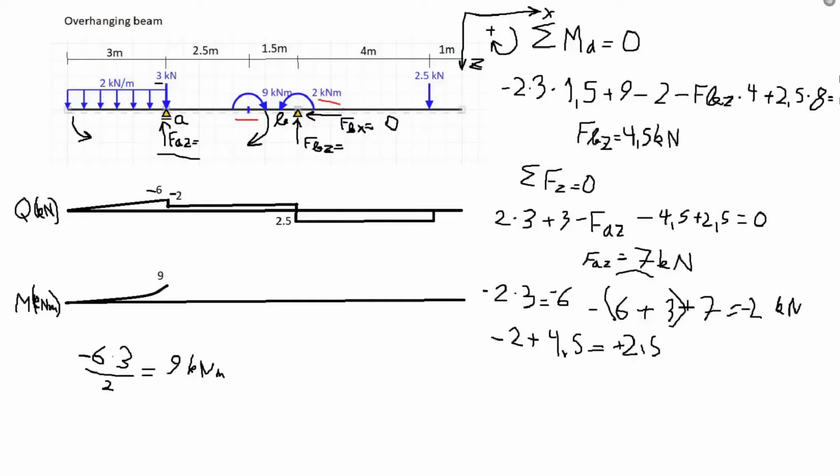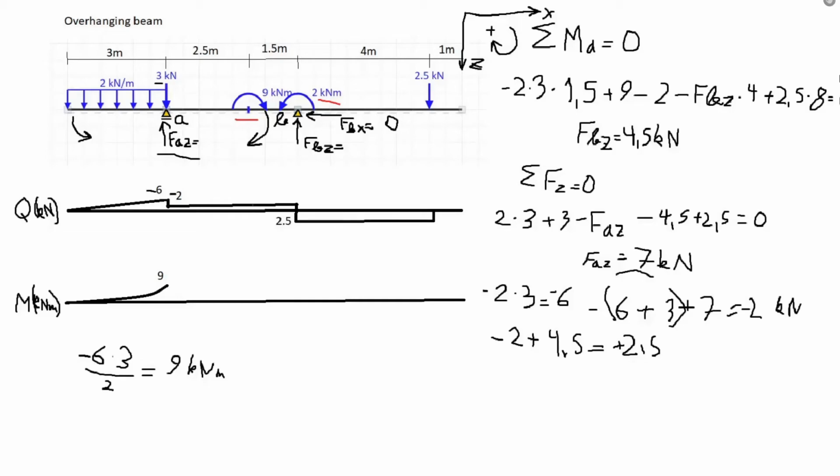Next up, we have this rectangle, and we also have to make sure that we count in the moments on the beam, the 9 kilonewton meter moment and the 2 kilonewton meter moment on the beam.